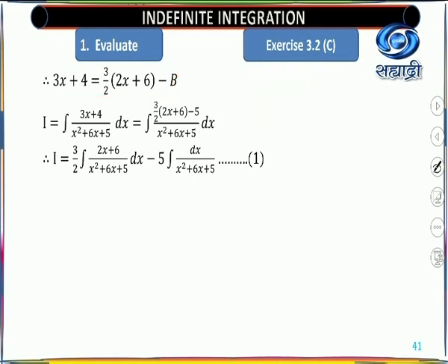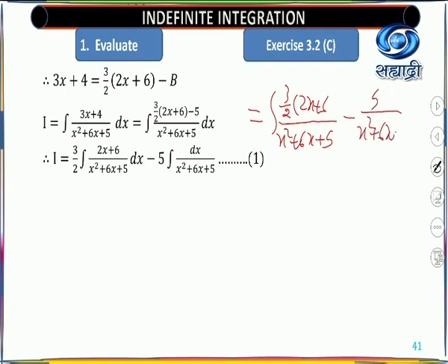So this is nothing but 3 by 2, 2x plus 6 upon x square plus 6x plus 5, then minus 5 upon x square plus 6x plus 5. So these are the two separate steps, and then you have dx multiplied.